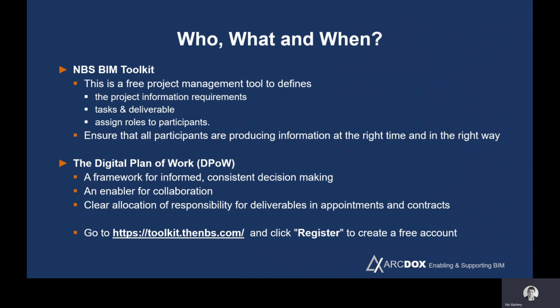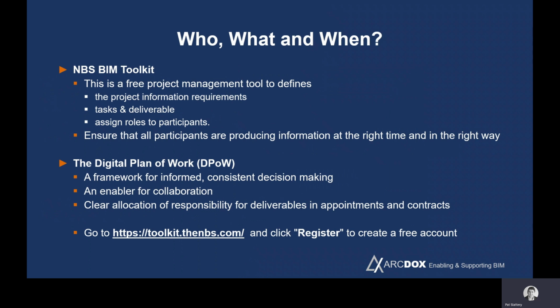The NBS Toolkit is a free project management tool produced by the NBS in the UK. They're a RIBA company. It allows you to define clearly who is involved in a project, what they are doing, and when they are responsible for doing it. You create your tasks, you create deliverables for the project, and you assign those to participants in the project.